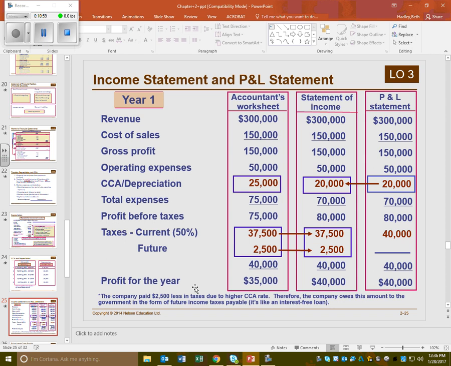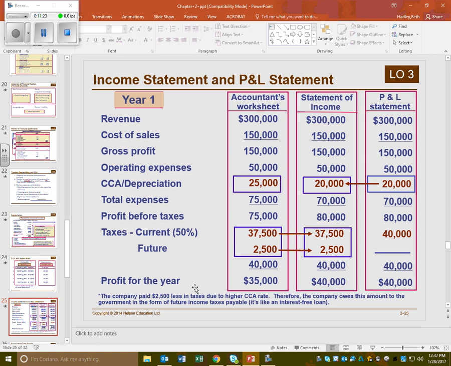If you have a look at the slide that I'm showing you right now, you're going to see the accountant's worksheet is showing 25,000. That was the CCA that we were able to calculate, so that's the amount that's going to go through for tax purposes. But according to our depreciation calculation, we're only going to put through depreciation of 20,000.